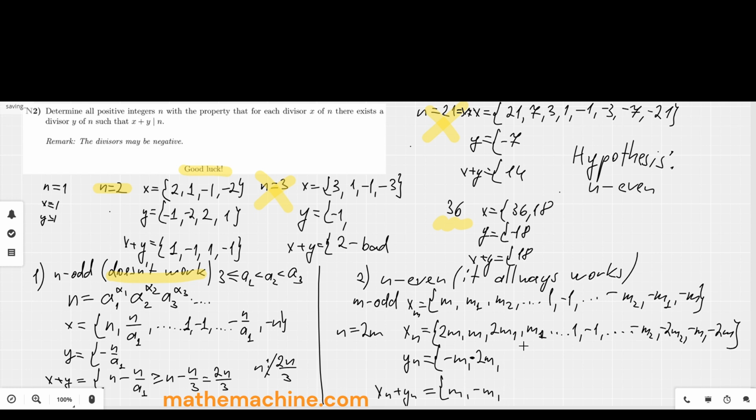For these divisors 2m1 and m1, we subtract negative m1 and we get m1, and so on. For this one, obviously we use minus 2m1, so we get m1 here, and so on.